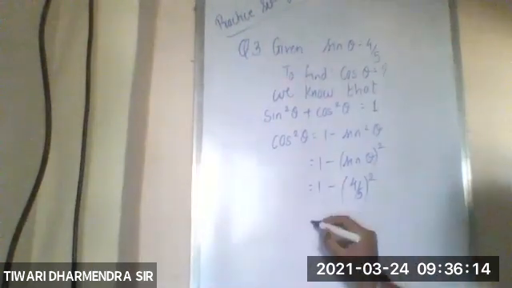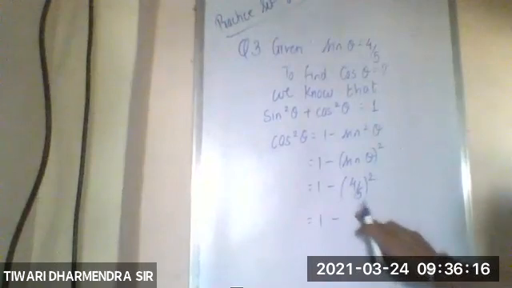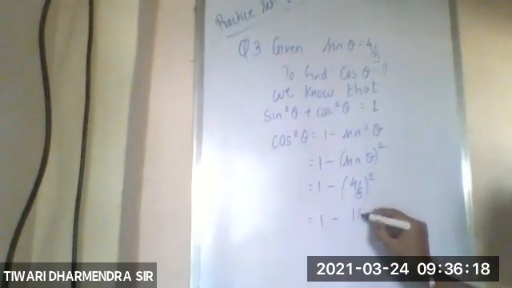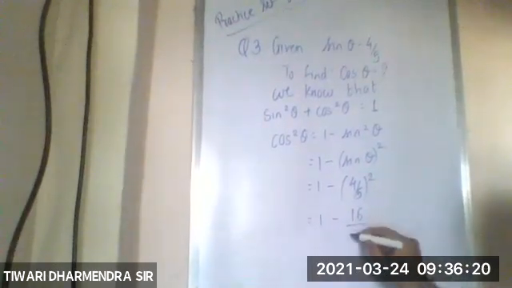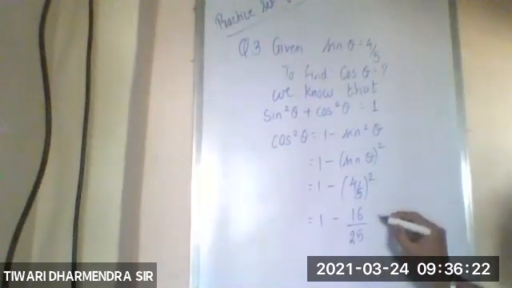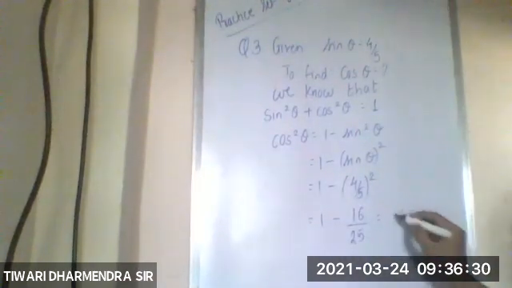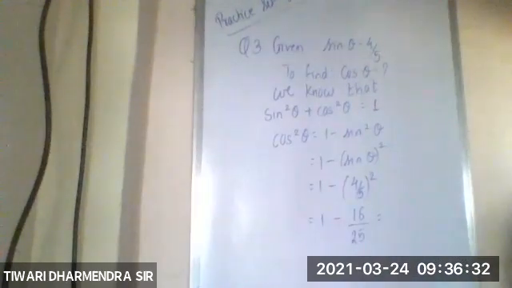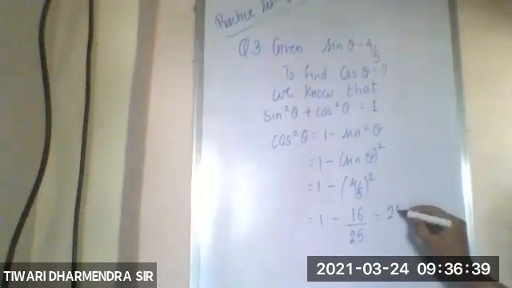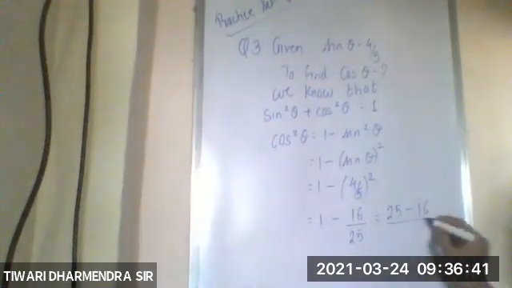So this is 1 minus 4 square, which is 16, upon 5 square, which is 25. The denominator is not the same for 1, so do the cross multiplication, or make the denominator the same by multiplying by 25 upon 25. So 25 minus 16 upon 25.